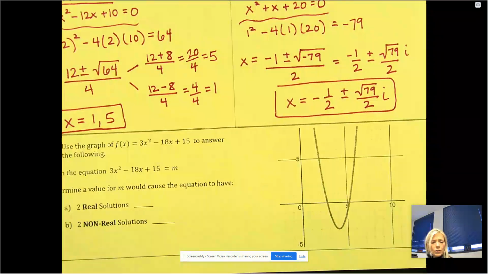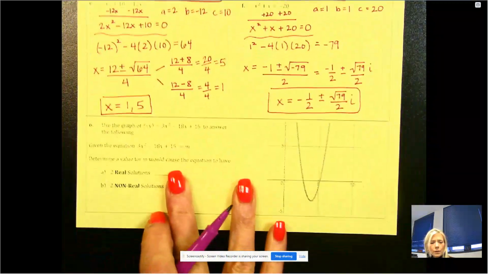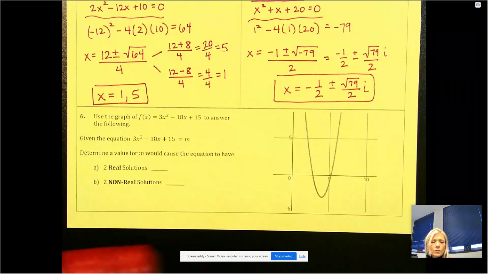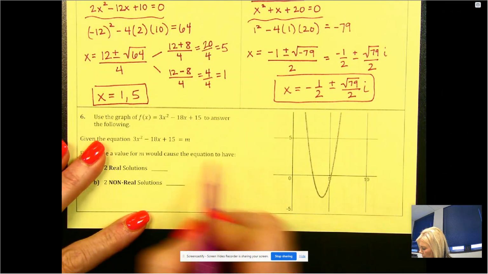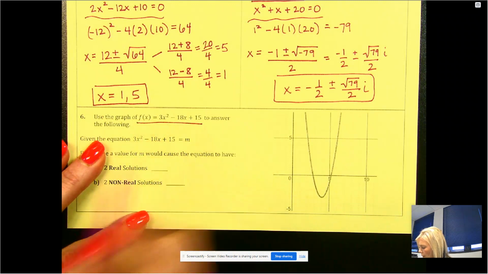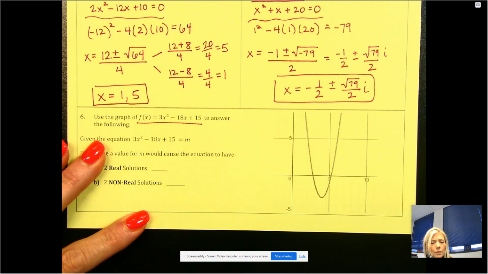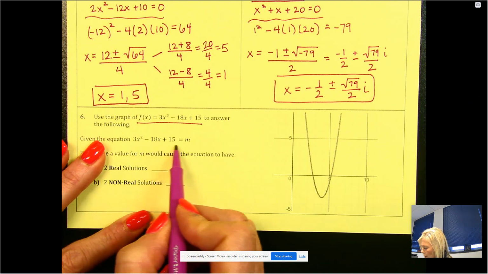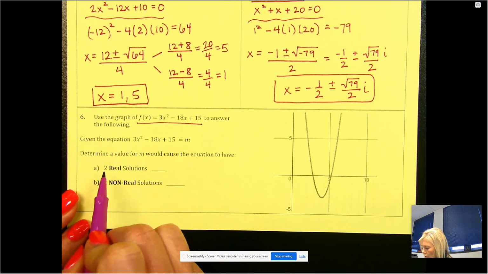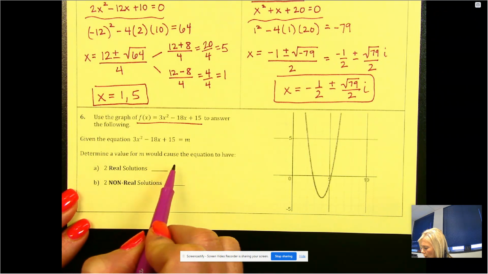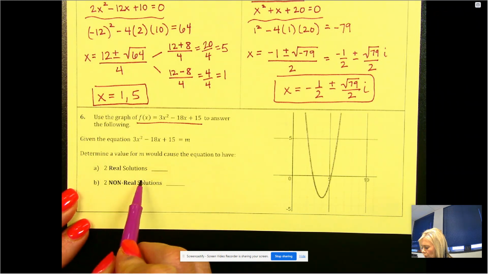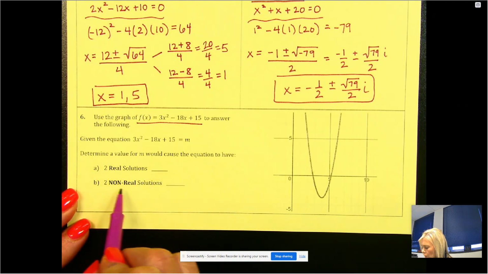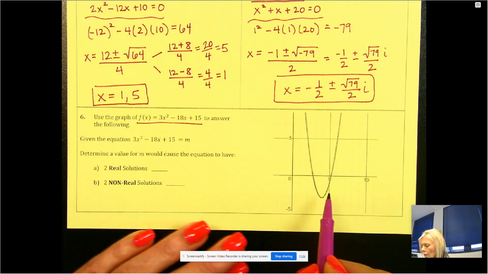The last question has lots of possible answers. So this graph is the graph of f of x equals 3x squared minus 18x plus 15. And notice that's the same right here. Determine a value for m that would cause the equation to have 2 real solutions and then 2 non-real solutions.